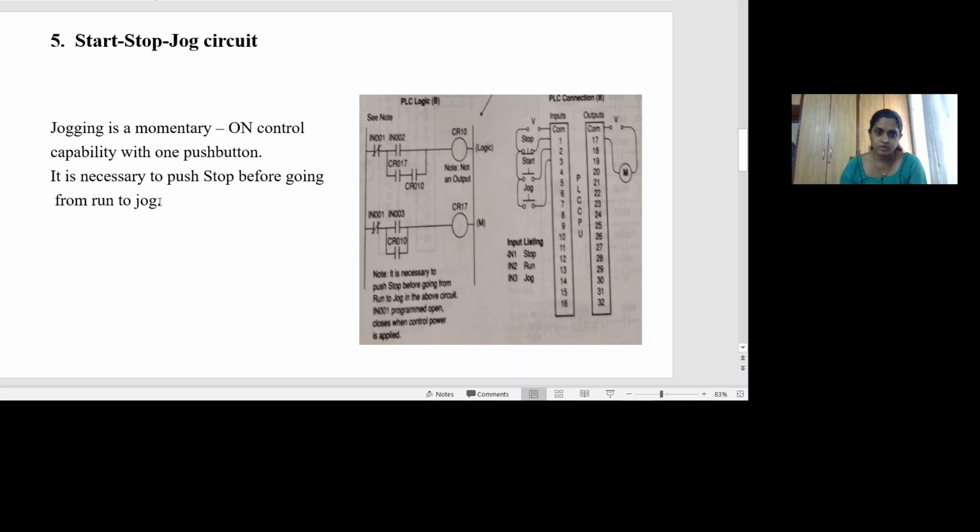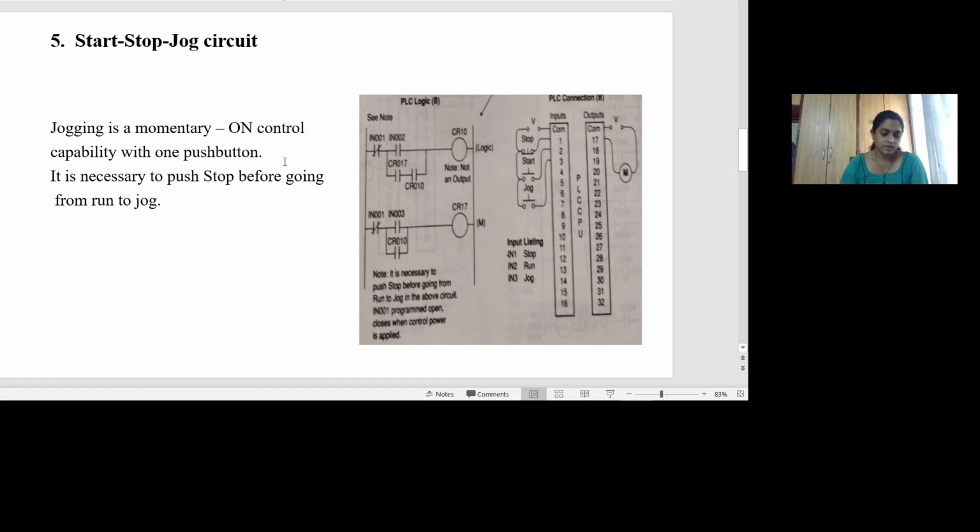Technically speaking, jogging is a momentary-on control capability with one push button. That is, when I turn on the jog button, the motor should run at a slower speed, and this will allow me to align and space other machine parts.